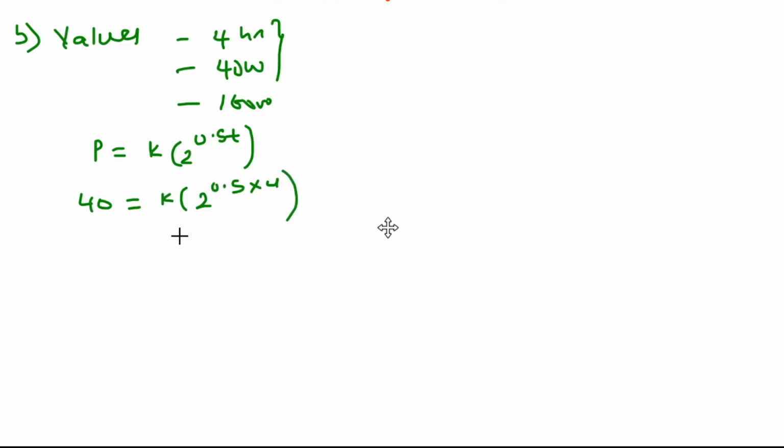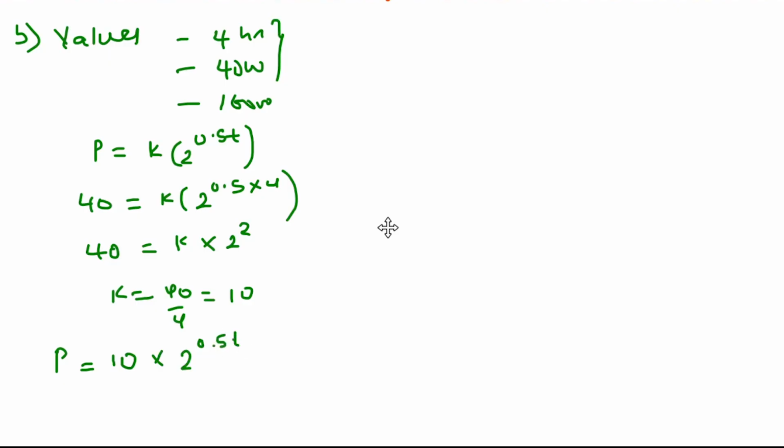So 40 equals K into 2 to the power 2, which is 4. So our K will be 40/4, giving us 10. So our expression is P equals 10 times 2 to the power 0.5 T. So we are going to use this.